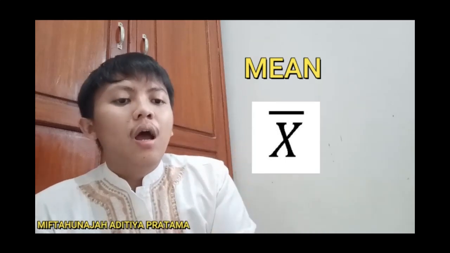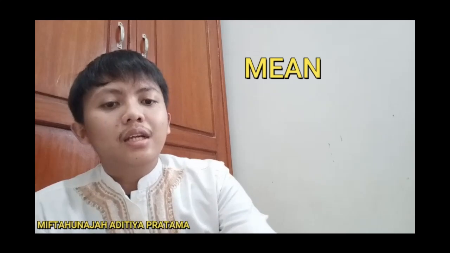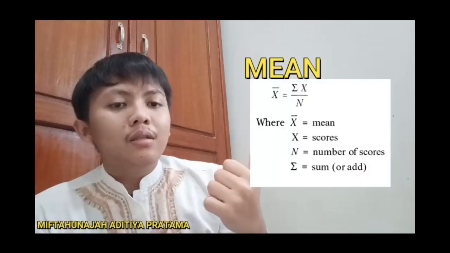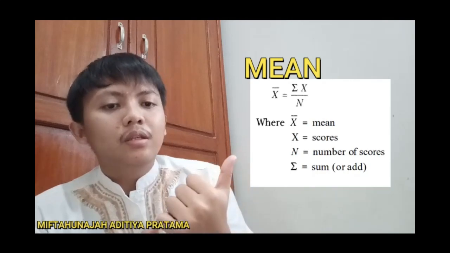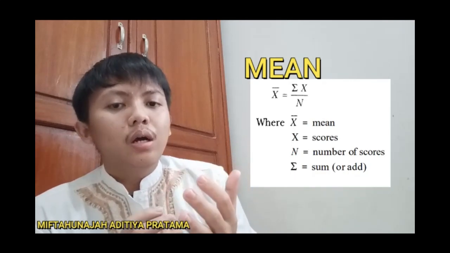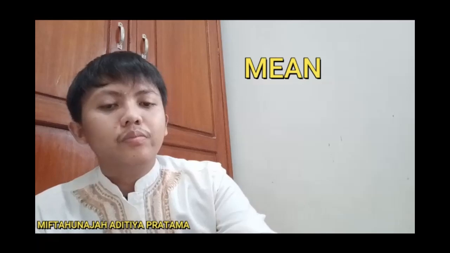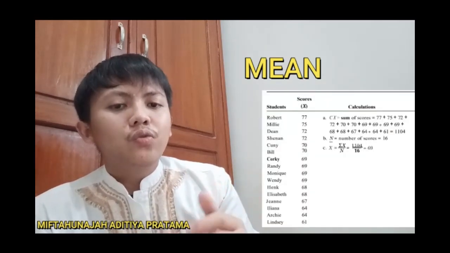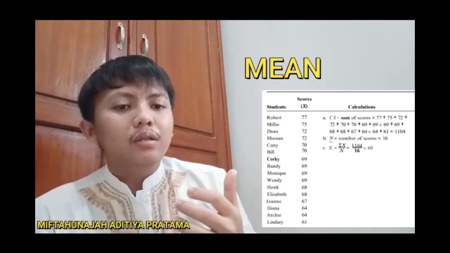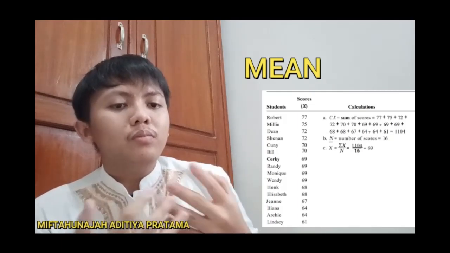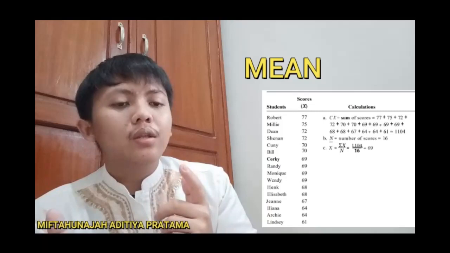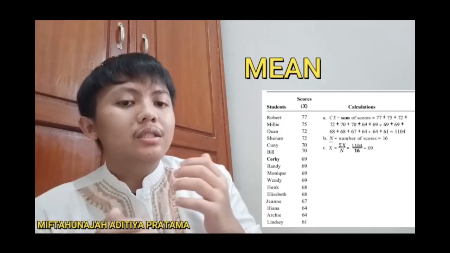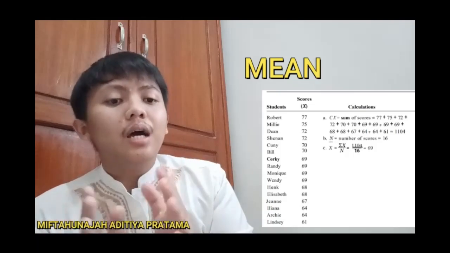Another way to define a statistical concept is to give the formula, like in this figure. This formula is to calculate the mean. And this is the example. To find the mean in this example, first we sum or add up the scores, and next we find the number of scores and divide the sum of the scores by the number of scores.